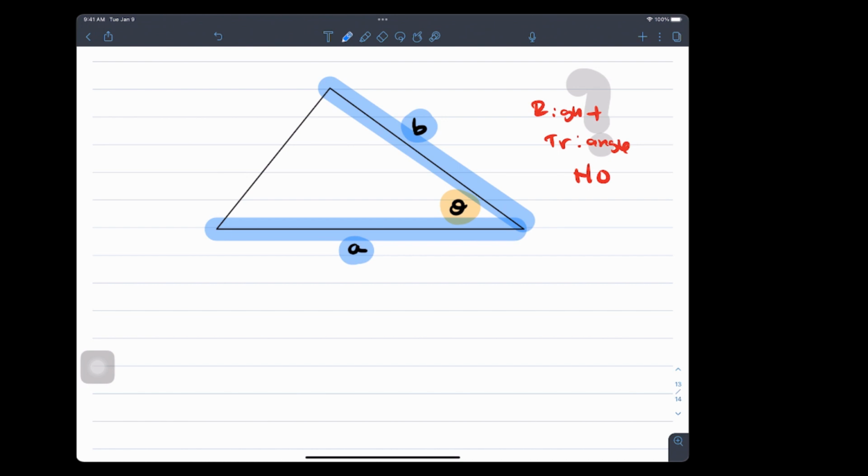And by the way, you're going to get used to this language. The angle is between two sides, so this is called side angle side. I want you guys to know what that means: you've got two sides and the angle is between them. Side angle side. Okay, you guys okay with that?